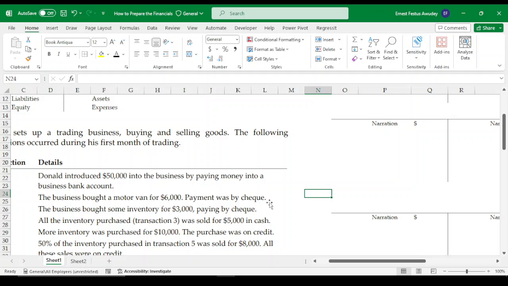All right. So we are going to create an account. What we do is that we create a separate account for non-current assets. Now, the same logic applies to liabilities. We have non-current liabilities and current liabilities.